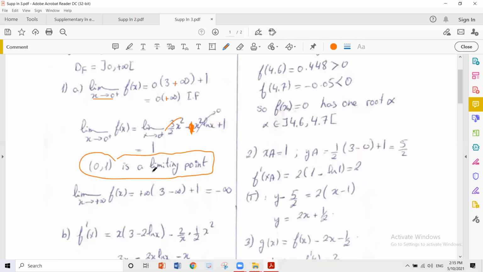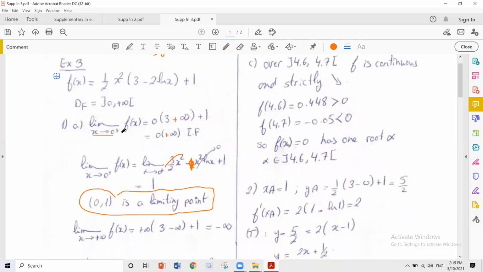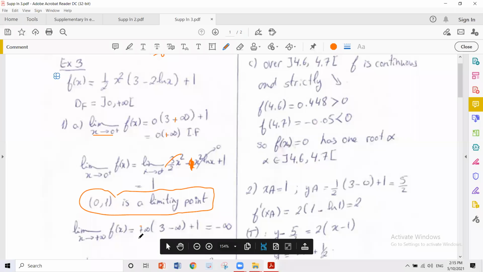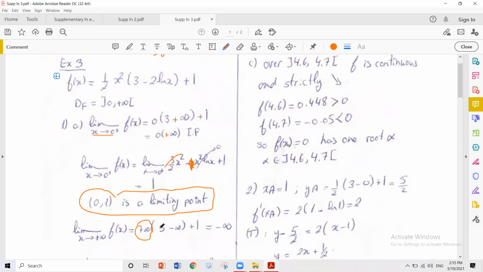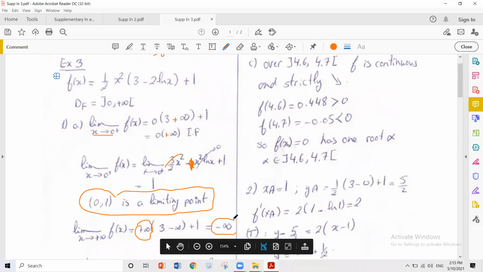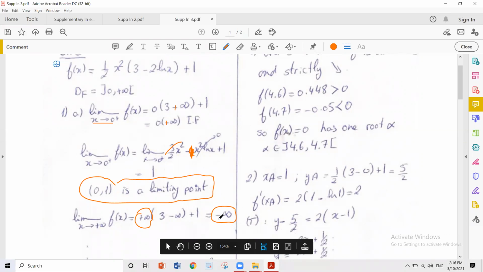Limit as x tends to plus infinity. This one, our first one becomes plus infinity. 3 minus infinity, infinity times minus infinity is equal to minus infinity. So the limit is minus infinity.